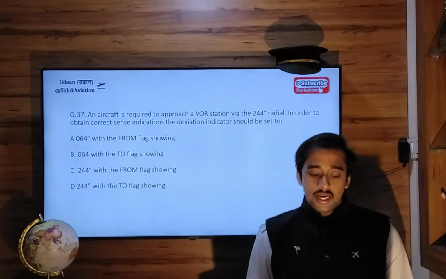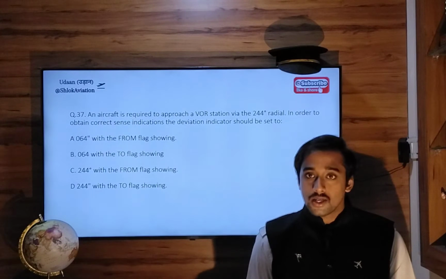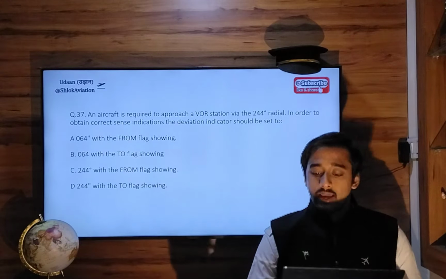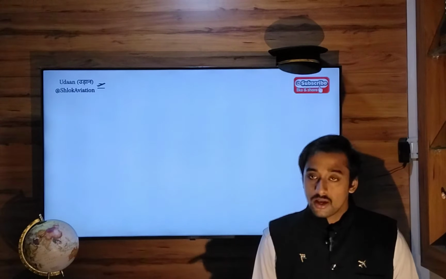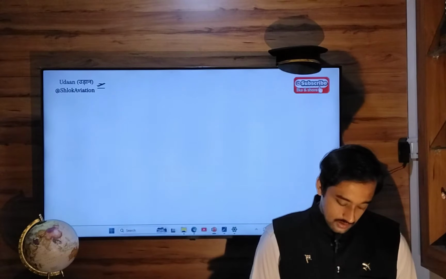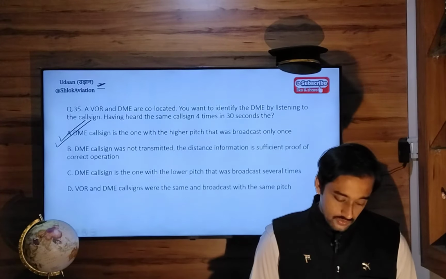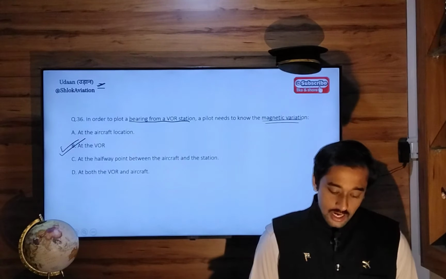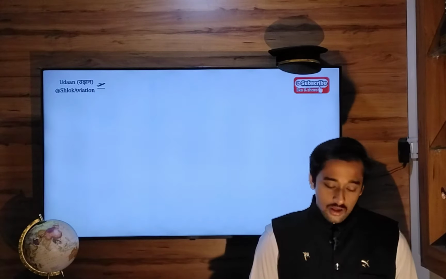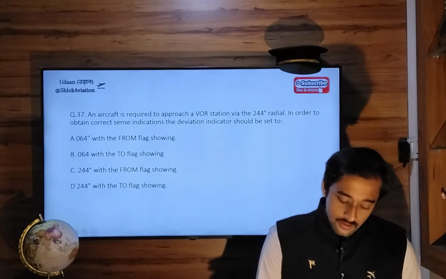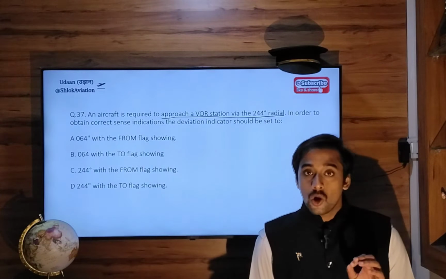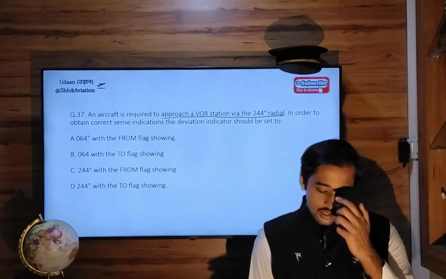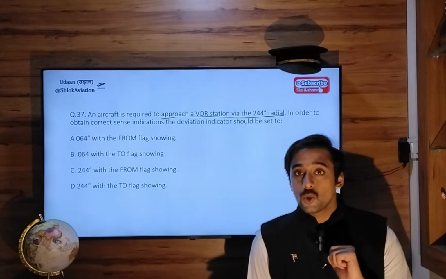Question 37. Aircraft is required to approach a VOR station via the 244 radial. That means you are flying inbound on the radial of 244. In order to obtain normal sensing, or correct sensing, the OBS should be set to what?